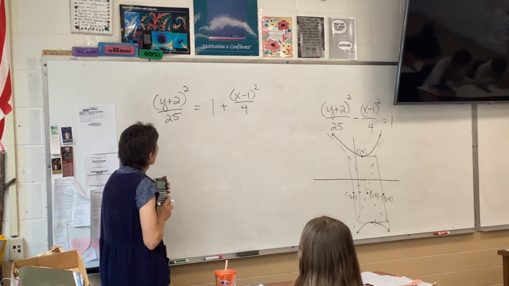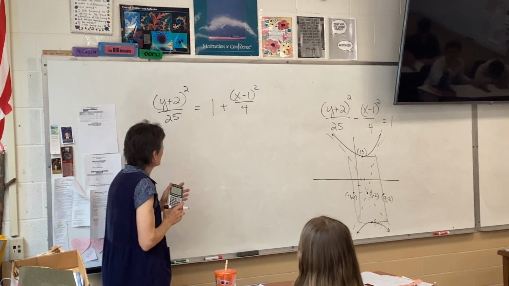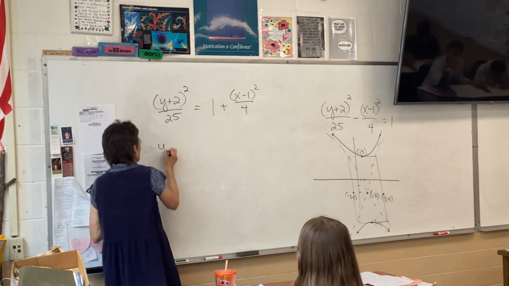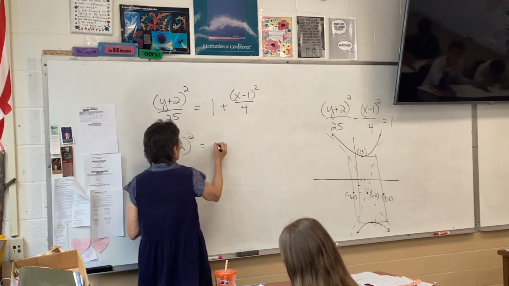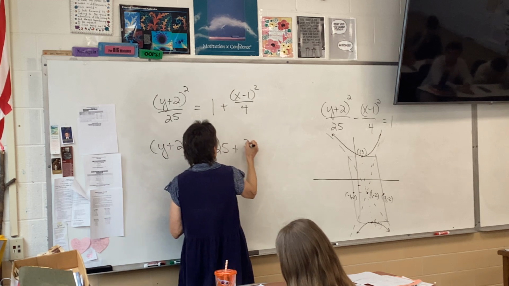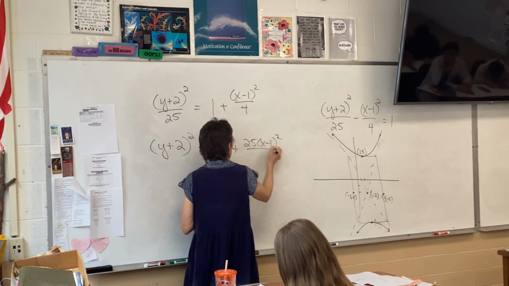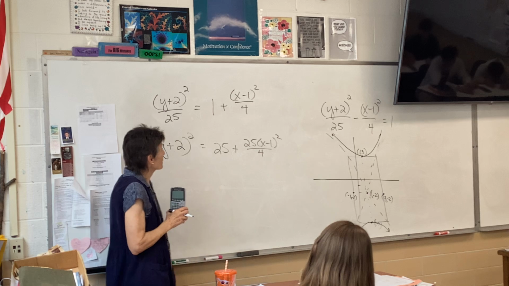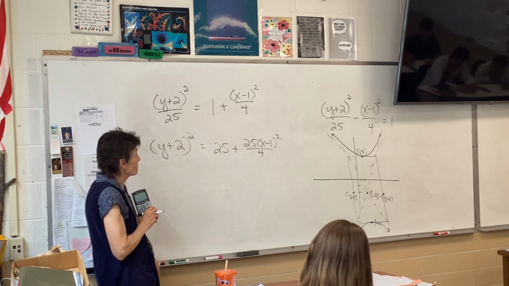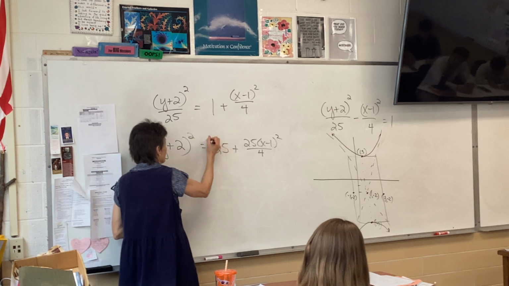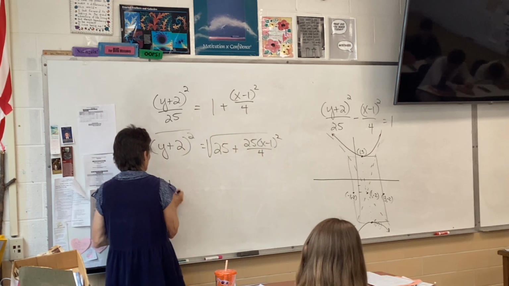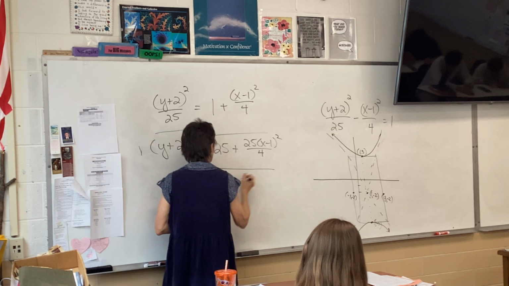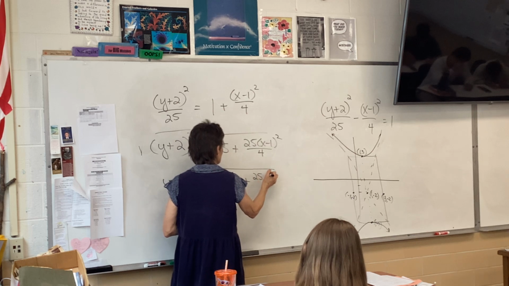You want a square root first? We could do that, or we can times by 5 first, it doesn't matter. Or 25, I mean, what do you want to do? Multiply, so we're going to have (y plus 2) squared equals 25 plus 25 (x minus 1) squared over 4. You have got to make sure that you multiply everything by 25. Now we'll square root. So y plus 2 equals plus or minus the square root of this mess.